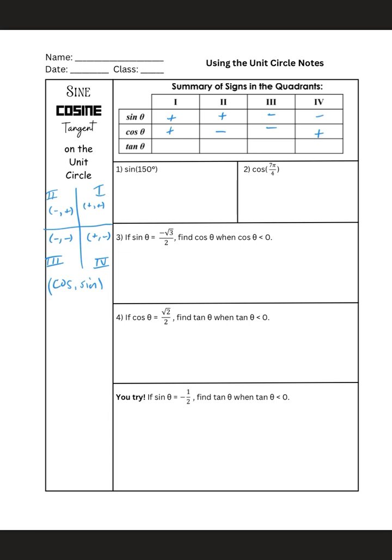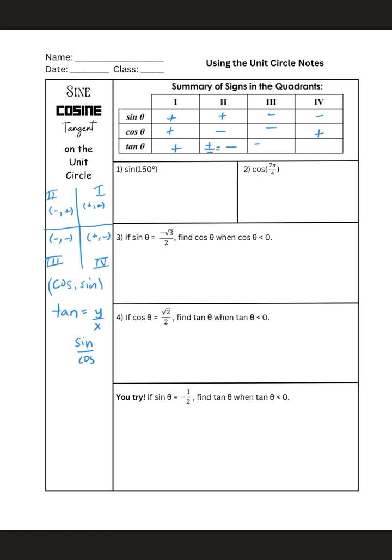And then to find the tangent, remember that the tangent is y over x, or sine over cosine. So when they're both positive, the tangent is positive. If we have positive over negative, it's going to give us a negative value.